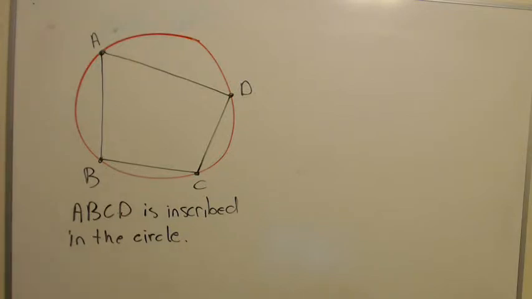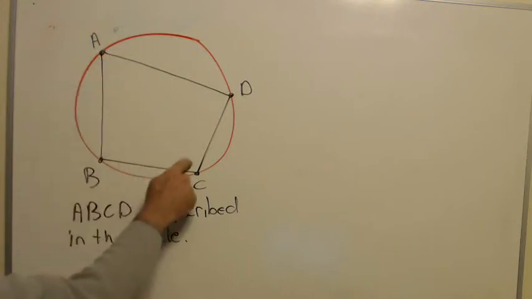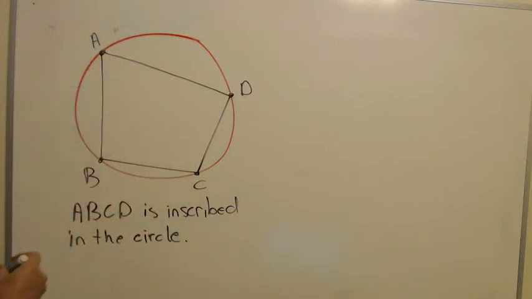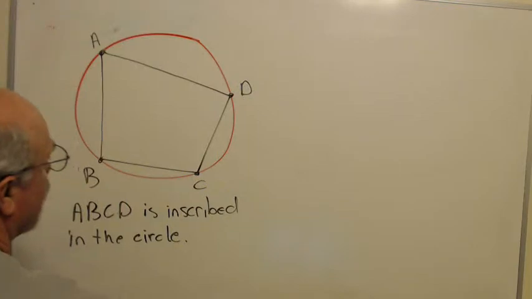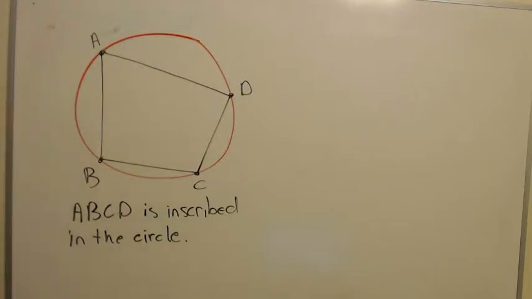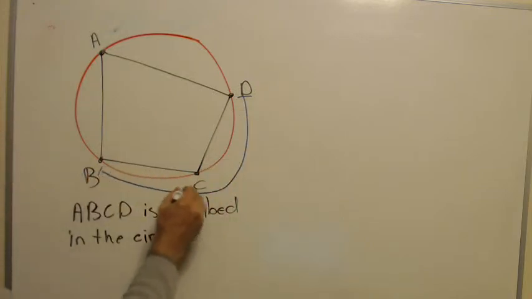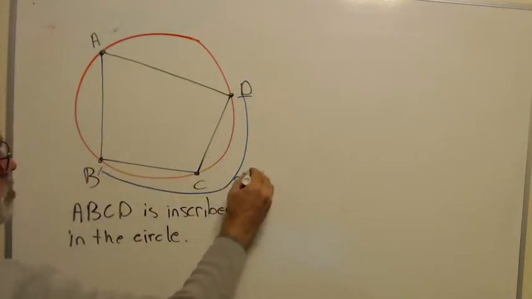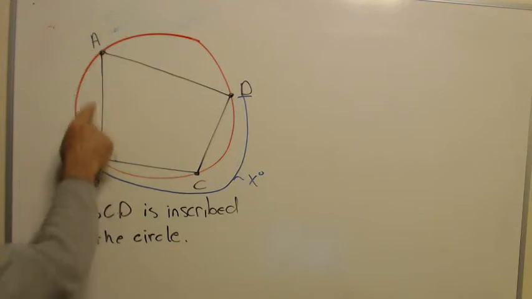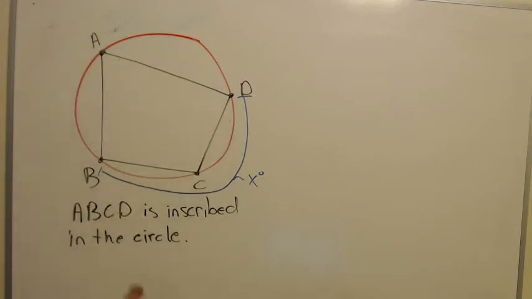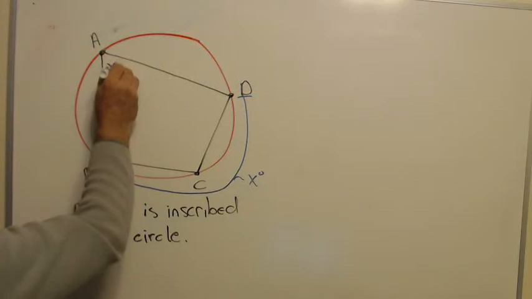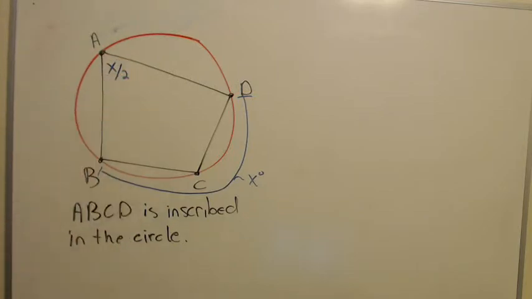All right, let's take a look at a pair of opposite angles here. Let's look at angles A and C, for instance. Now, let's suppose that arc BD has measure x degrees. Then since angle A intercepts it, and it's an inscribed angle, the measure of angle A is x divided by 2.